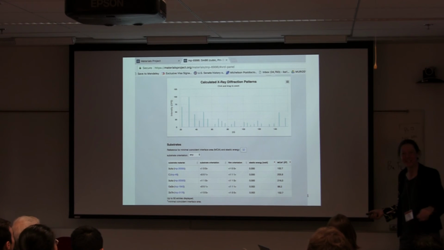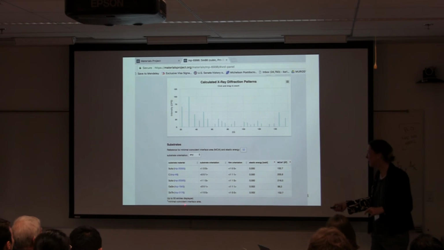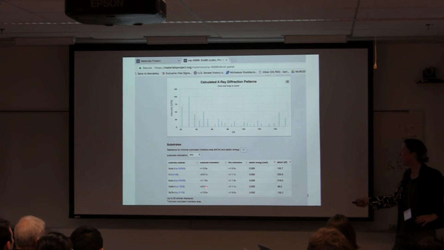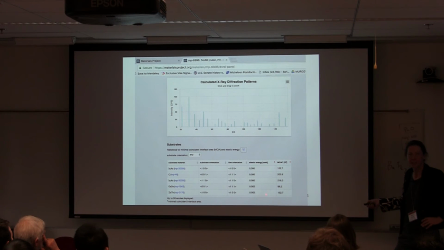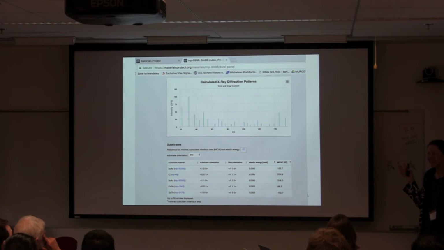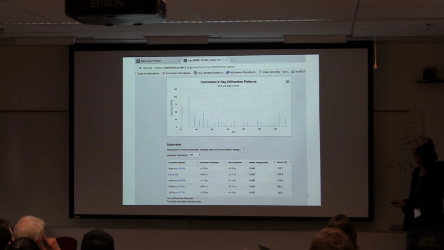Again, this is just from a structure point of view, not from a thermodynamics or any other compatibility point of view, but just which compounds have planes that could match this compound. And here they found ones that actually seem to have very good lattice matching, very low elastic energies. So you should be very excited about this, right?